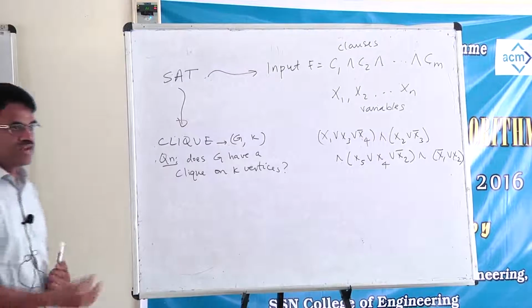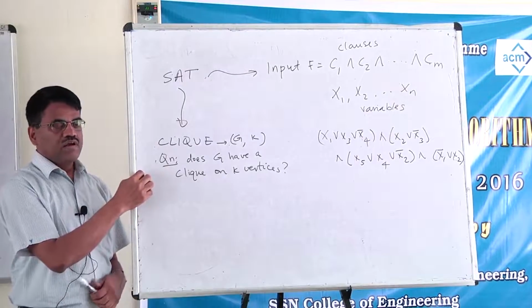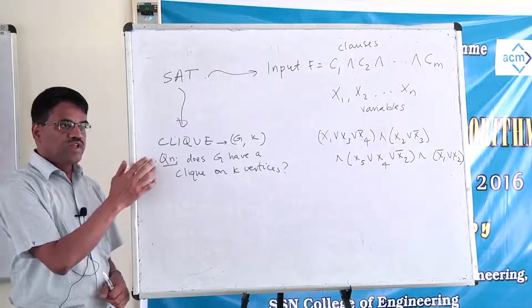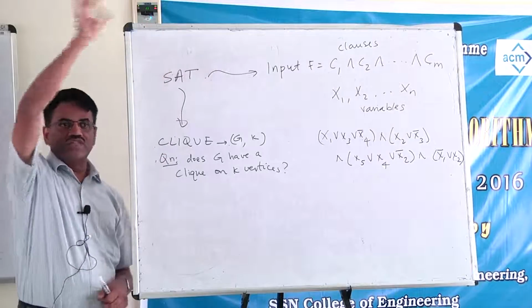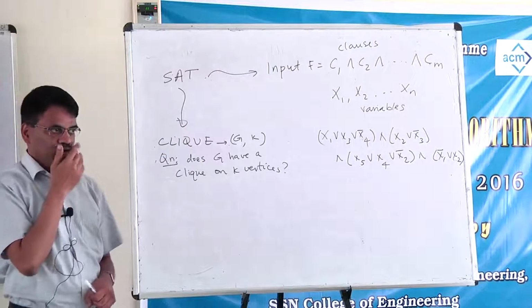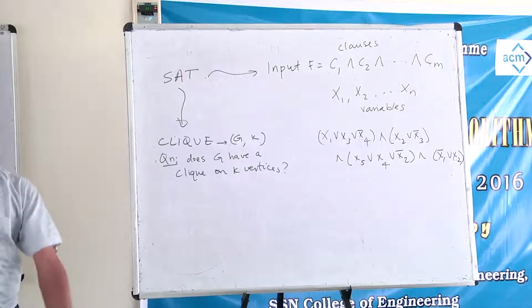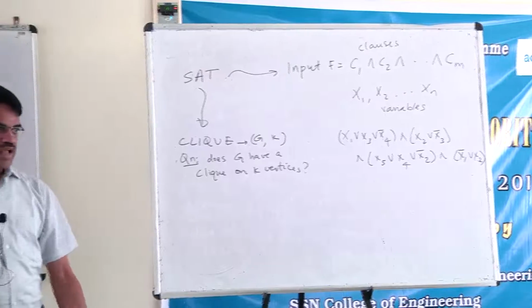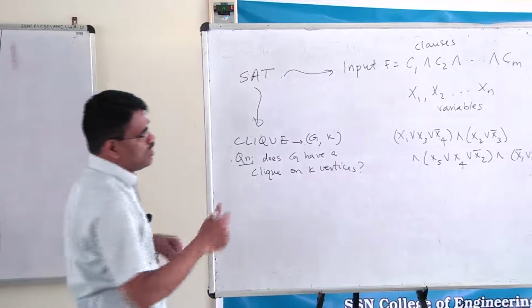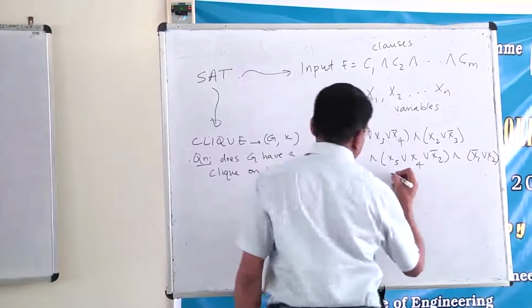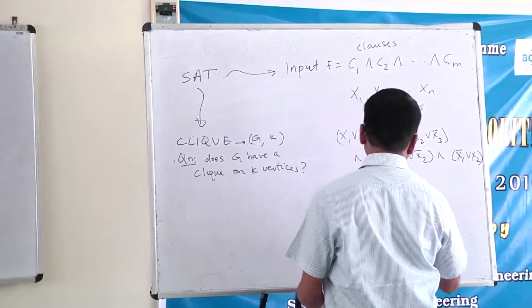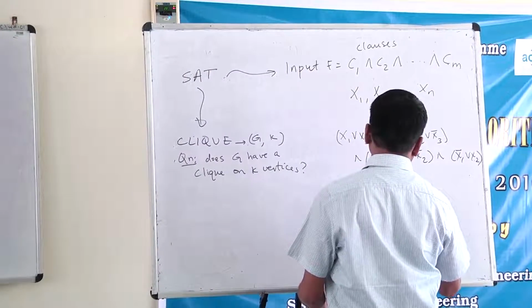Somehow, if you have an algorithm to solve this, you want to say that you can use this as a subroutine to solve the satisfiability question in polynomial time, which means that I have to take my SAT input and model it as a graph. That's all I have to do. So what is the goal? For this formula, I want to construct some graph G' and some k'.